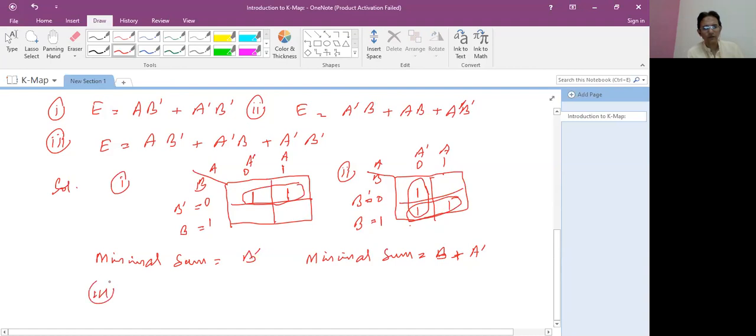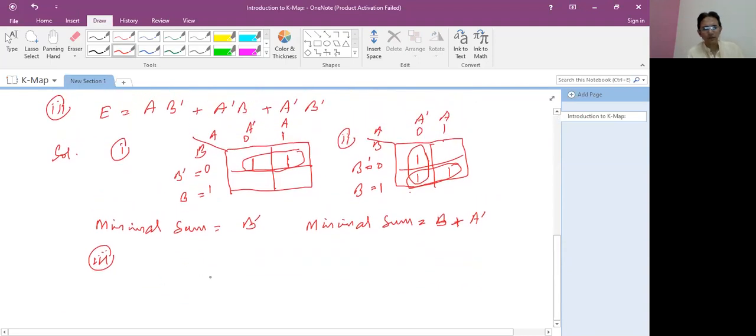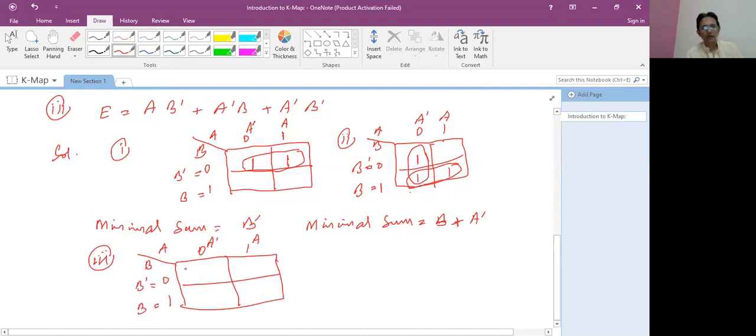Now for the third part, when we draw a square and write 0, 0 represents A complement, 1 is A, and for B, 0 is B complement and 1 is B. The Boolean expression shows A B complement, we mark 1 with grouping, plus A complement B, we mark this one, and A complement B complement, we mark this one.